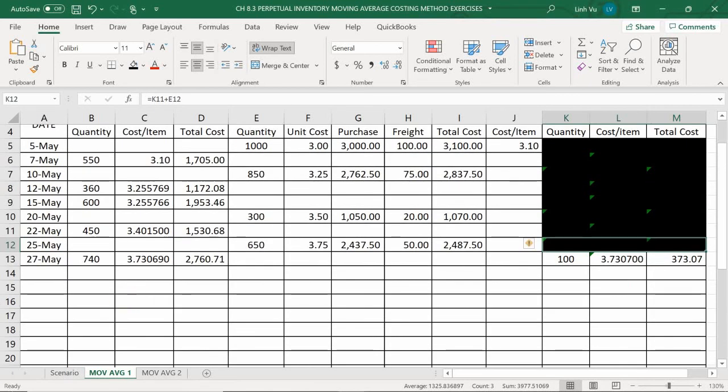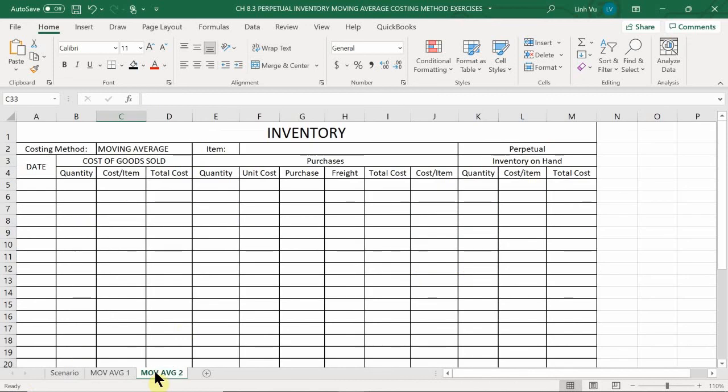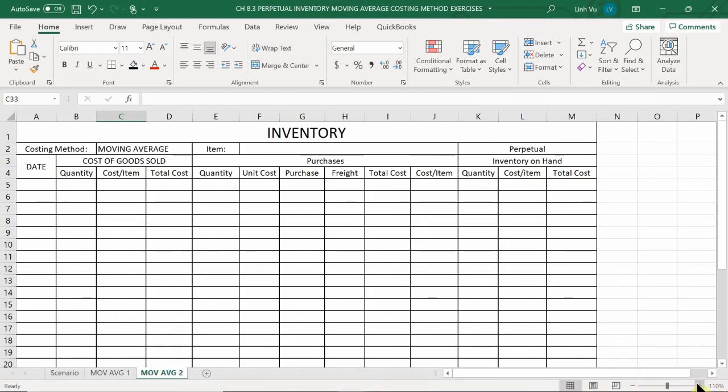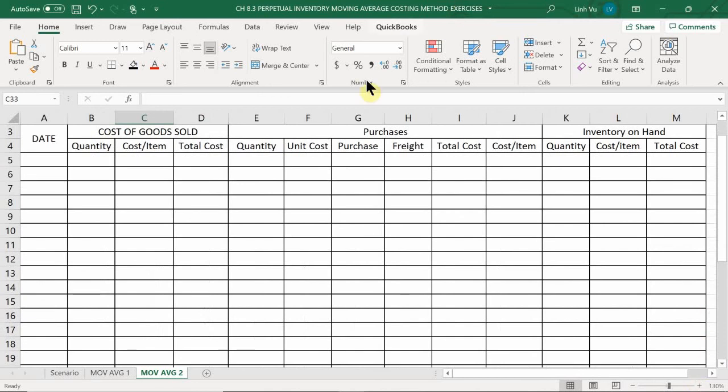Or you can just copy this one line for the 100 items at 3.7307 to give you a total cost of 373.07, and copy that into your new inventory worksheet. Because I have 2 worksheets, I'm going to copy that information over.